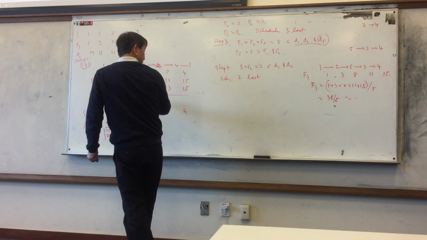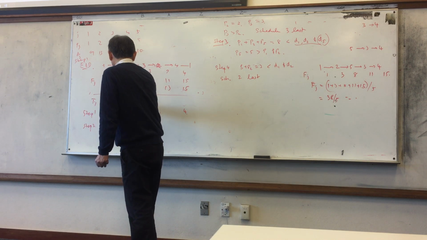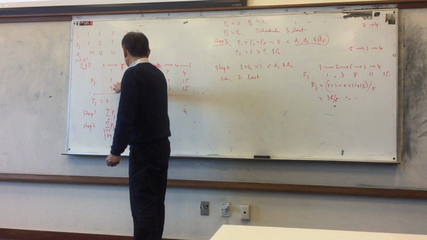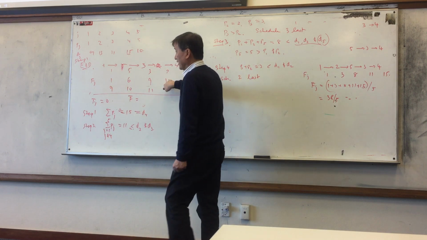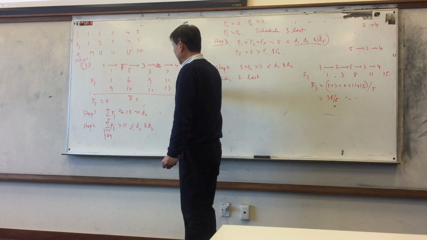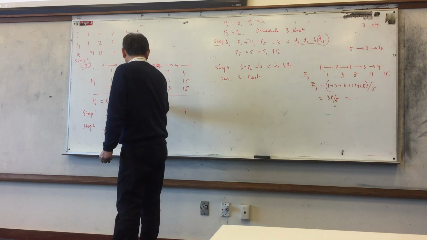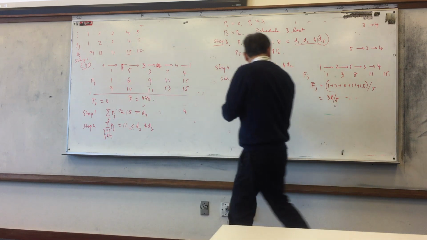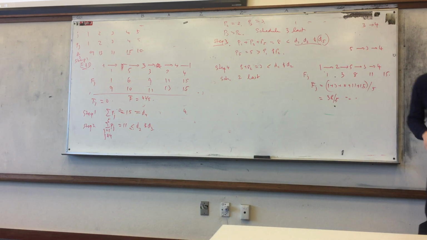I've got this F bar given by 10, 16, so 27, 37 plus 5, so you've got 42, divided by 5. So you can see that this is an improvement.